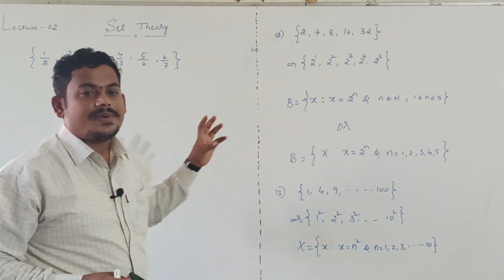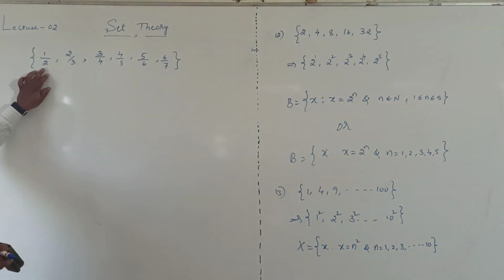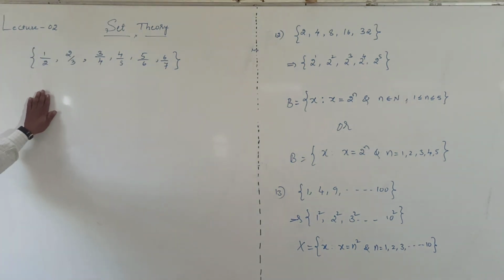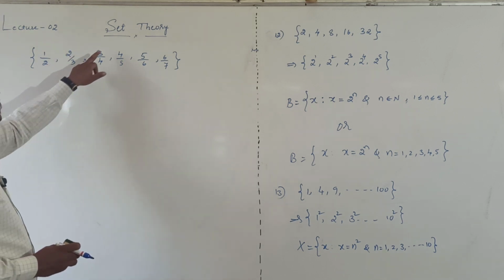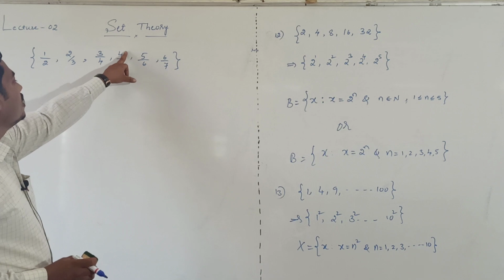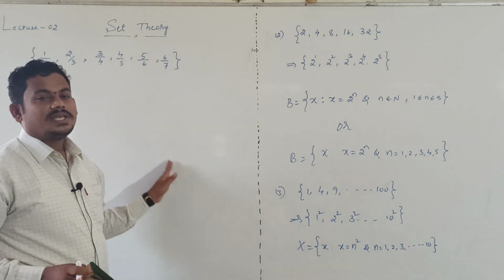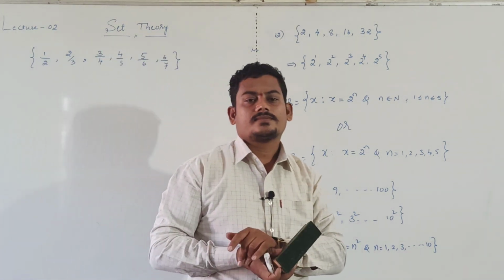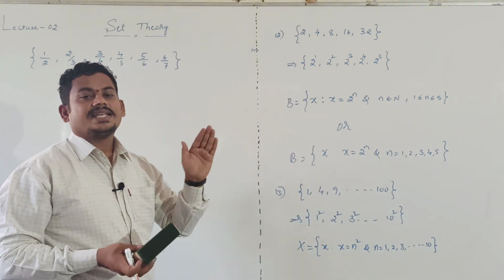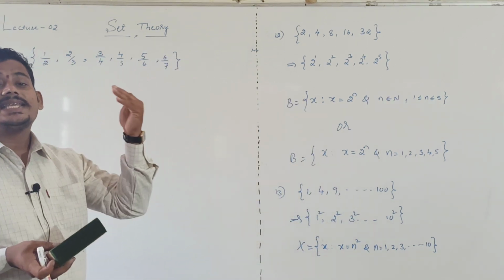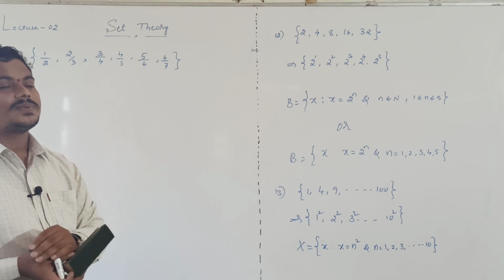Just look at each element. The denominator is 1 more than the numerator. Here 1 is there, the denominator is 2; here 2 is there, denominator 3; here 3 is there, denominator 4; 4 is there, denominator 5. It means each element follows one rule, satisfying one formula, that is n divided by n plus 1.